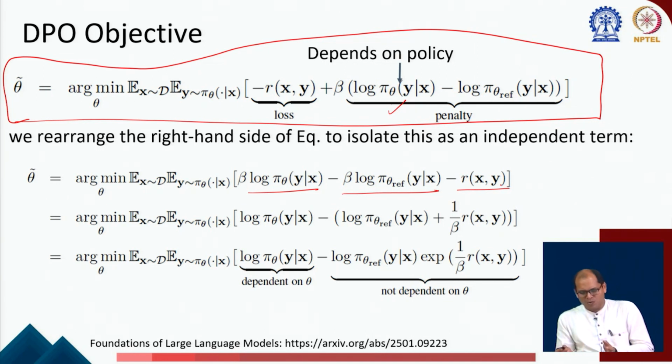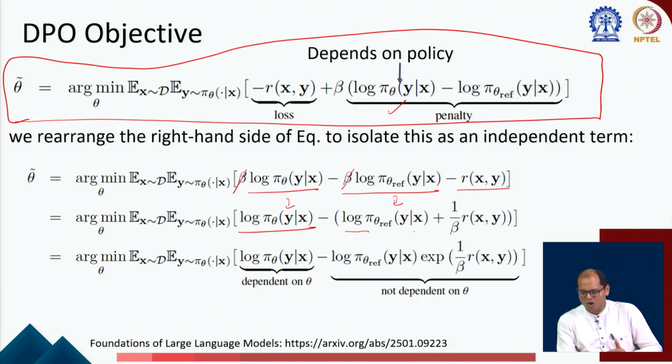Now beta is just a constant, so what if I divide everything by beta? So I get this, also 1 by beta, and I put a minus sign here. Now this is one term that is dependent on theta, and I have another term: log pi ref(y given x) plus 1 by beta r(x,y).